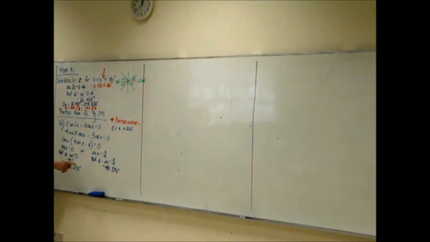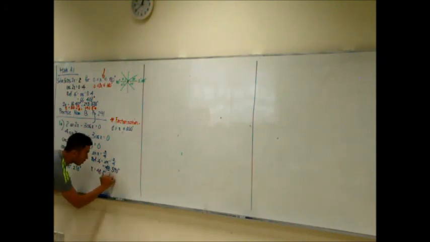Okay, similarly, sine is positive, so it must lie in the first and second quadrant. You can estimate immediately. Second quadrant, so we have 111.4 or 131.4.